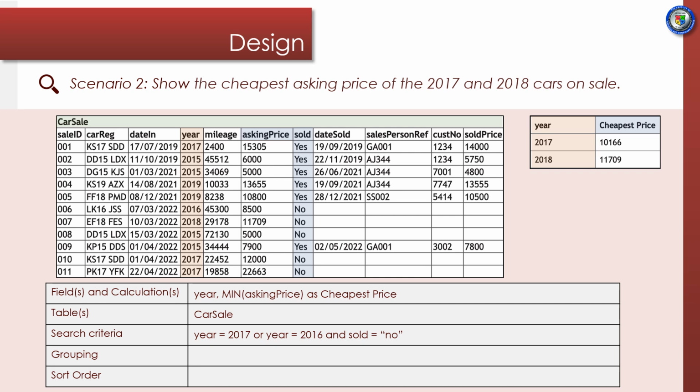Again, we are using an aggregate function, and for that case we will have a grouping because the aggregate function will always return a value. We want to have that value against something. In this case, we are going to group that against year.